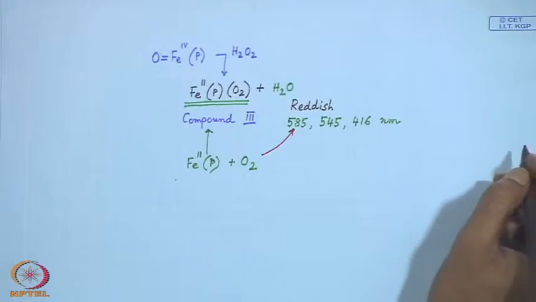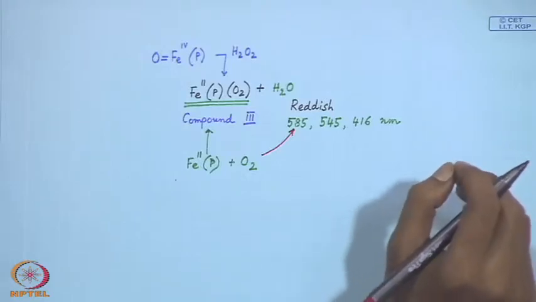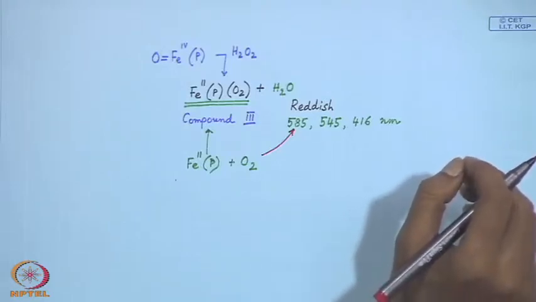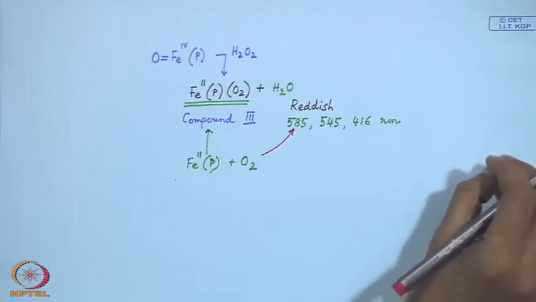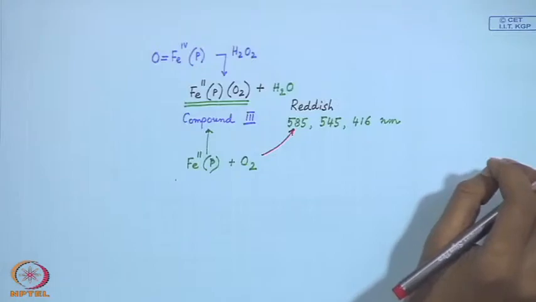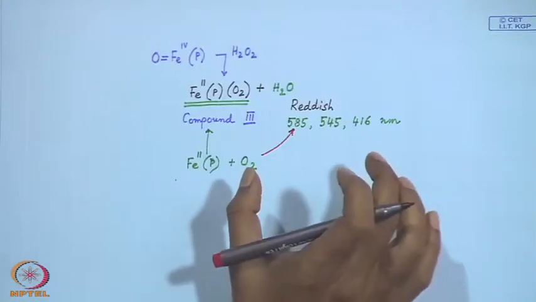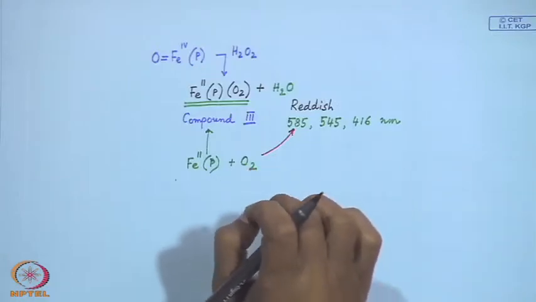So, simple characterization in terms of these lambda values will tell us whether you have compound 1 or compound 2 or compound 3, because in one particular case the same iron center is utilized for the oxidation reaction, in another case it is utilized for the reduction reaction.